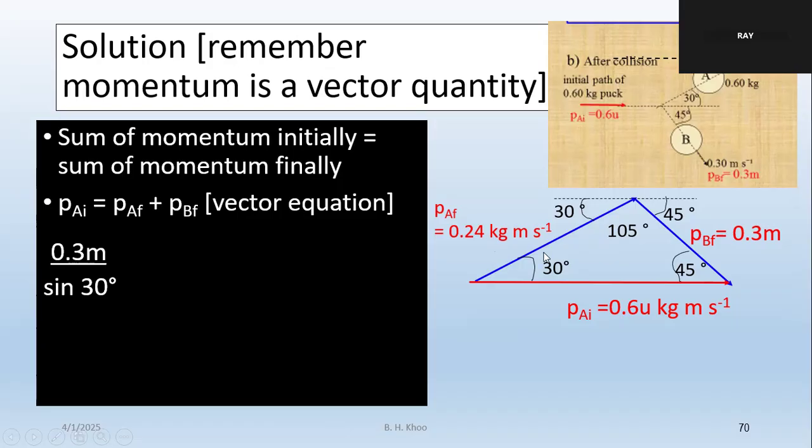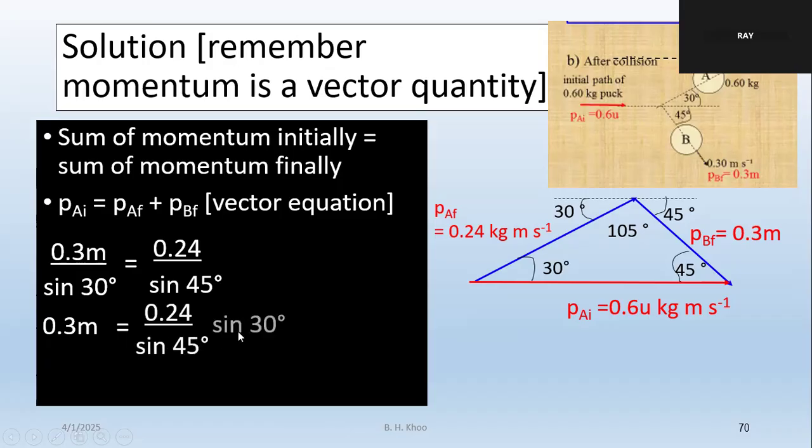We use the sine rule. This one over that equals this one over that. So sine 45. So 0.3 M cross multiply, 0.24 sine 45 and sine 30.